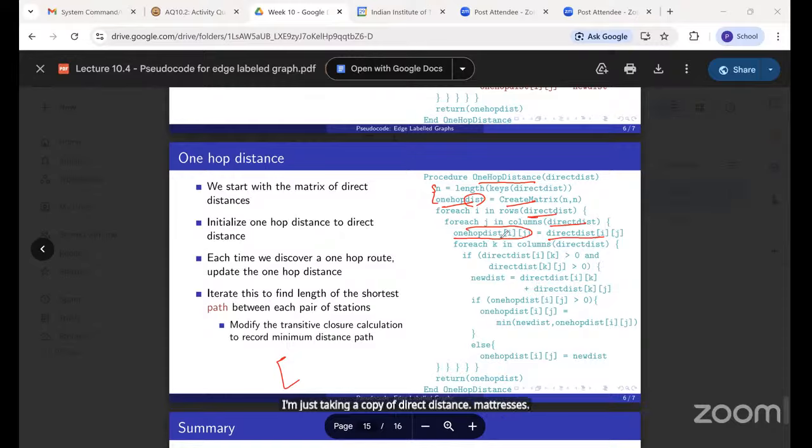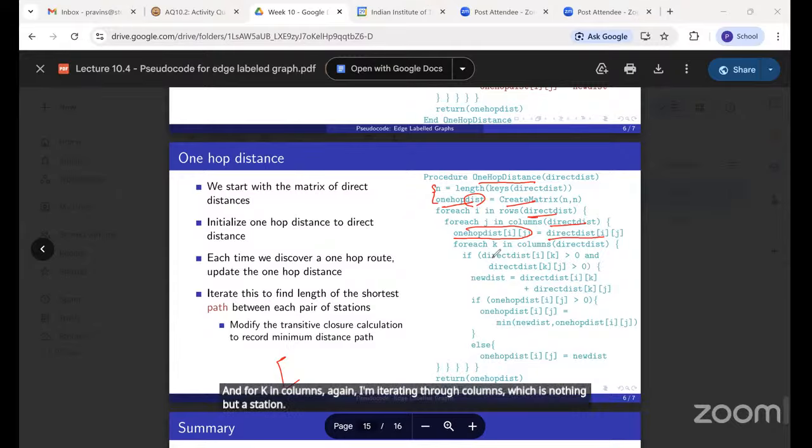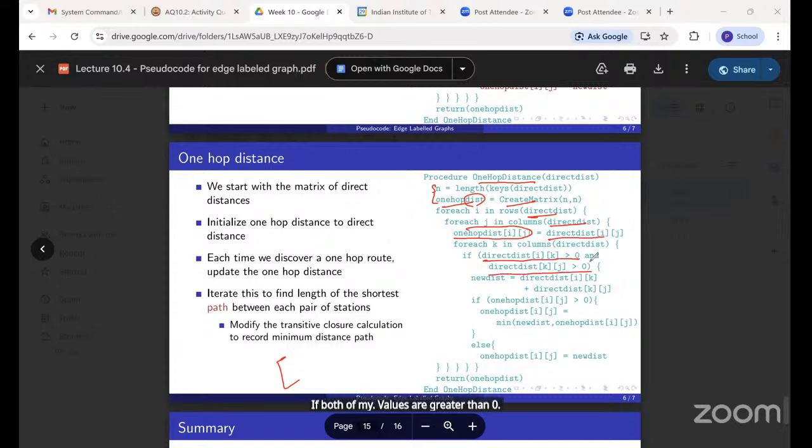And for k in columns, again, I'm iterating through the columns, which is nothing but a station. If both of my values are greater than 0, it's checking whether through the intermediate station I'm able to reach it or not, right? Earlier, we checked whether it is equal to 1 or not.